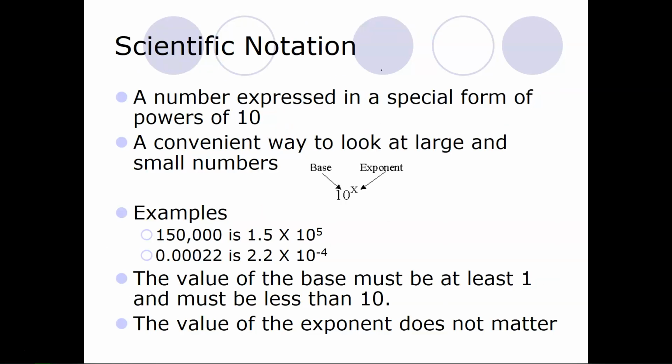Now, the thing you want to remember with this, guys, is that with scientific notation, there can only be one number in front of the decimal. So if this is my decimal right here, the number here can only be between 1 and 9.